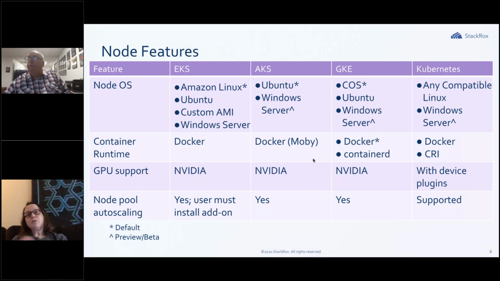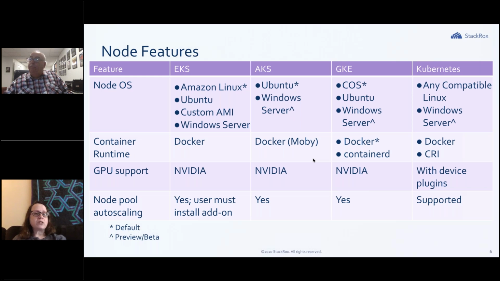Anyways, Kubernetes itself will support any compatible Linux, and compatible mostly means your kernel will work. It doesn't really care about distributions. For Windows, I think on all three, the Windows version has to be Windows Server 2019 or better.